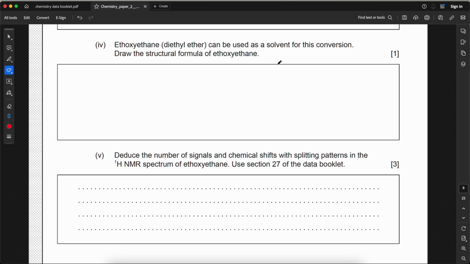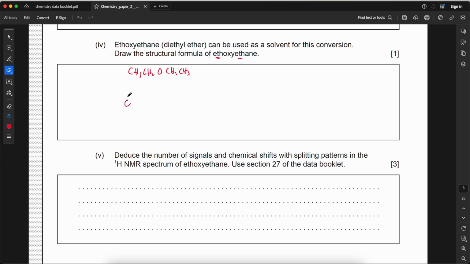Ethoxyethane or diethyl ether can be used as a solvent for this conversion. Draw the structural formula of ethoxyethane. Ethoxy, CH3CH2 O CH2CH3, ethoxyethane. So 2C ethane.